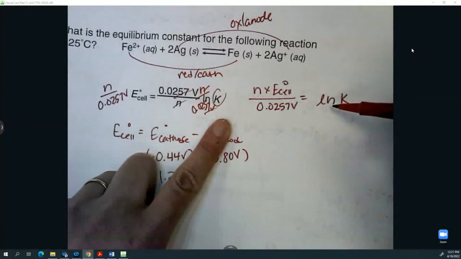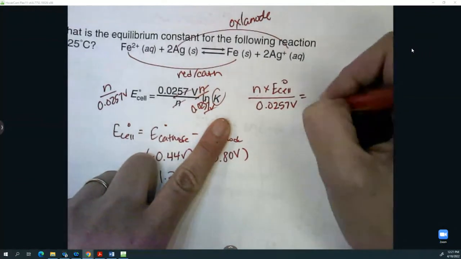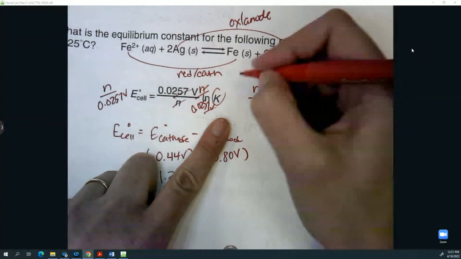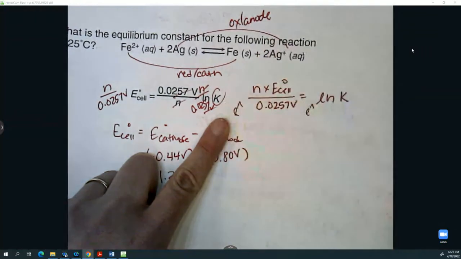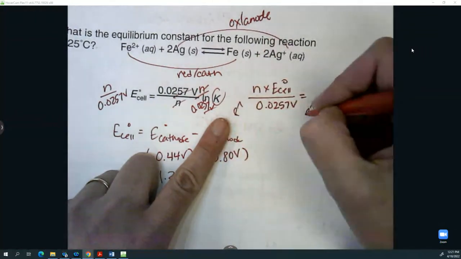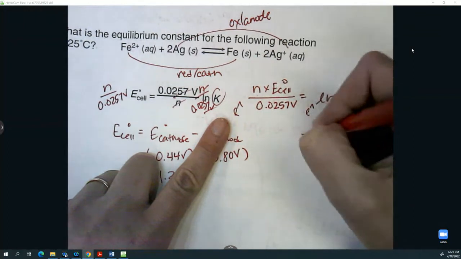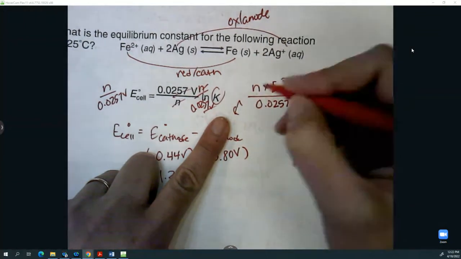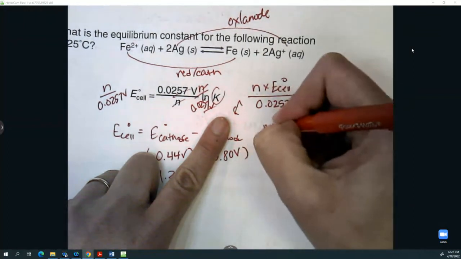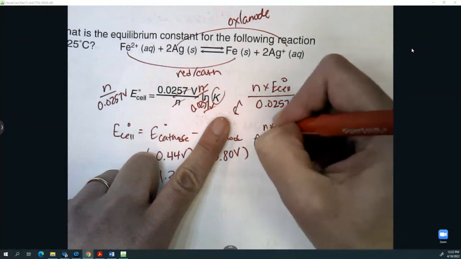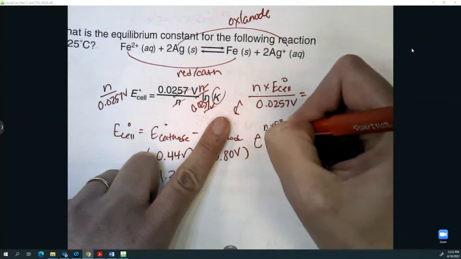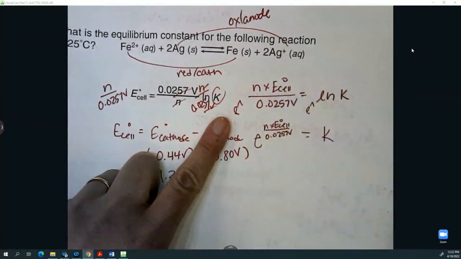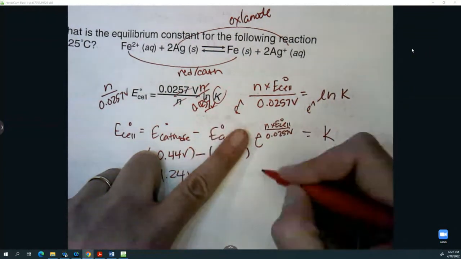And then I can undo the natural log by doing the exponential function here. Obviously, since it's an equation, I have to do it to both sides. So the exponential of the natural log is what cancels and just gives me k. This is the exponential here. And then I need to just plug it in.